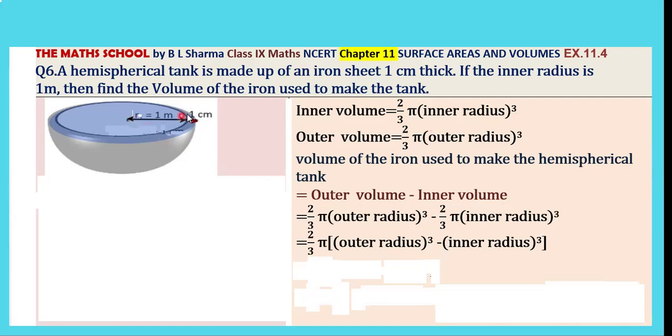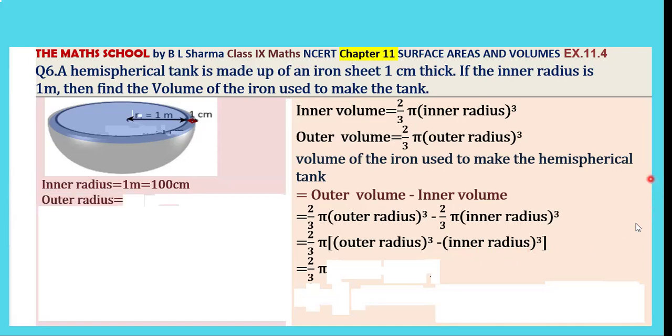Here outer radius is 1 meter and 1 centimeter, so you can write 101 centimeter. So you can write 2 upon 3. Inner radius is given 1 meter, and 1 meter is 100 centimeter. So in place of inner radius, we can write 100 centimeter. What is outer radius? 1 meter plus 1 centimeter. In place of 1 meter, we can write 100 centimeter.